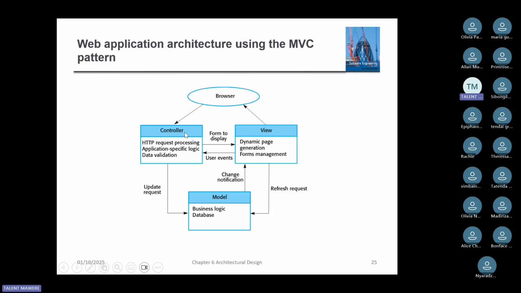What does the controller do? We have the HTTP request processing, application-specific logic, and data validation. The view shows the dynamic page generation and form management. And then the model, the business logic, and the database.